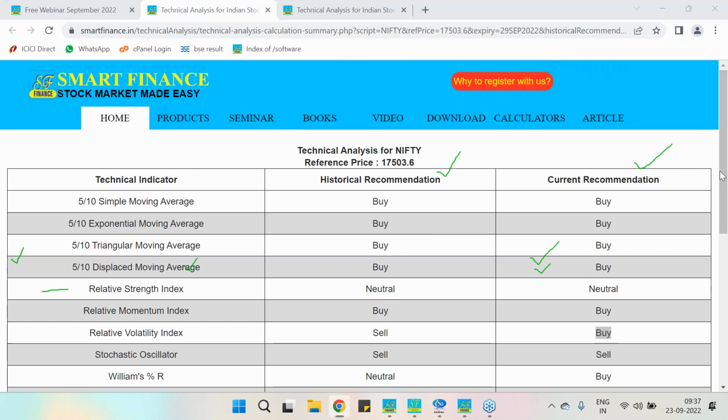In the first window the reference price was 17,503. In the second window, the reference price is 17,492.6. This historic recommendation will always remain constant and will not change. However, the current recommendations will go on changing from time to time.